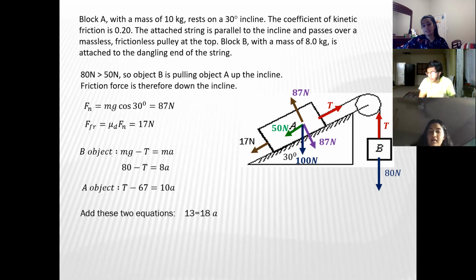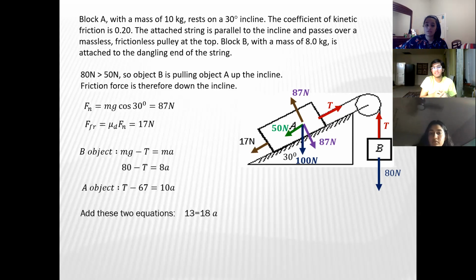So I searched it up. What happens is, for a certain range of masses, the acceleration is 0. So in that case, if it's 60 going down and 50 going this way, the way to do that is, first you assume it goes this way and thus it's being pulled up, but then you take into account the frictional force and say, okay, now it's 67, and that's contradictory logic, so therefore the acceleration is 0.